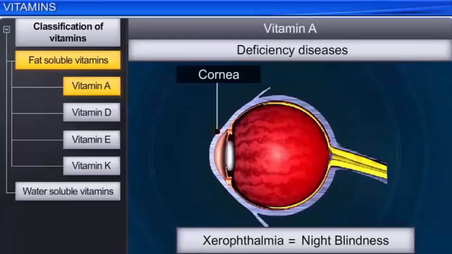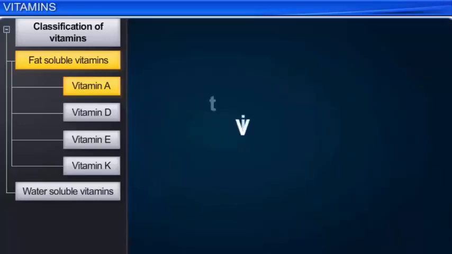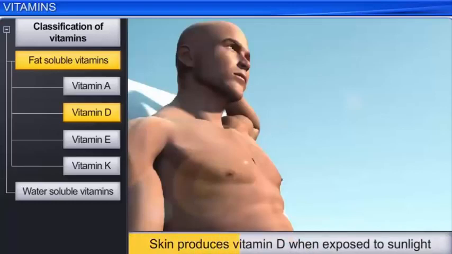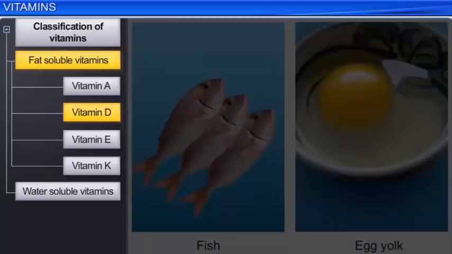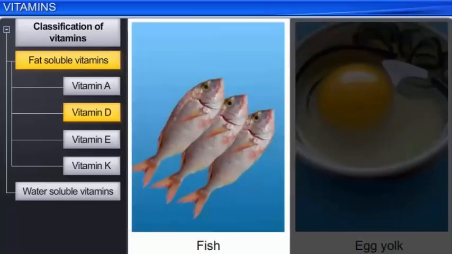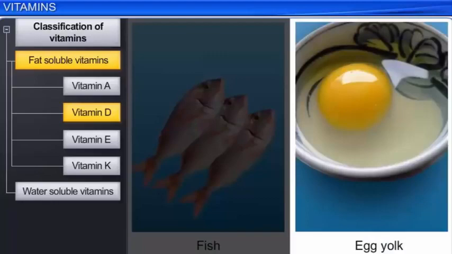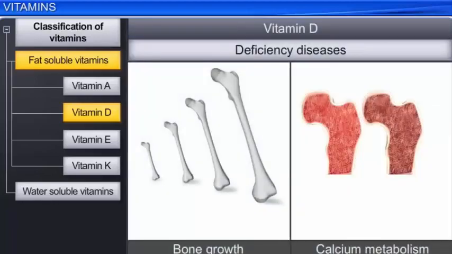Vitamin D is another important fat-soluble vitamin. Your skin produces vitamin D when exposed to sunlight. Food sources of vitamin D include fish and egg yolk. This vitamin is required for bone growth and calcium metabolism.